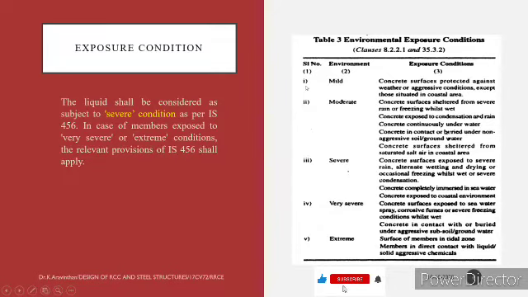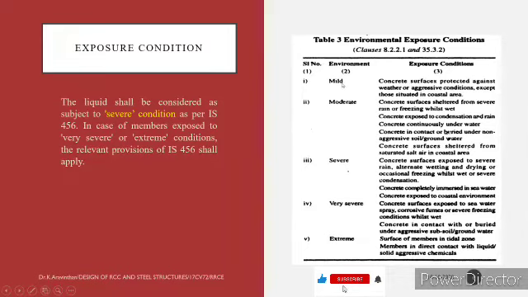Your structure may be built under a very fine environment which has less alternate weather condition or aggressive conditions, and also for an extreme environment the structure might be built under a tidal zone where continuous salt water is striking on the structure, and members in direct contact with the soil, aggressive chemicals, and the structure which is surrounded by aggressive chemicals is also an environment.